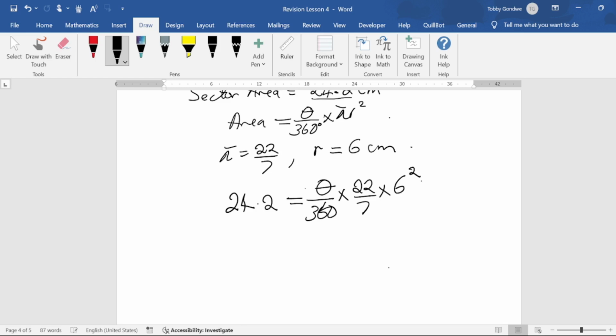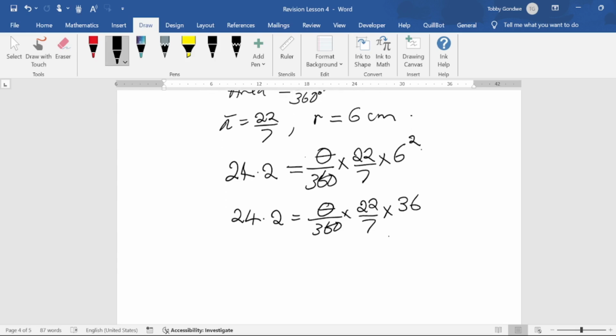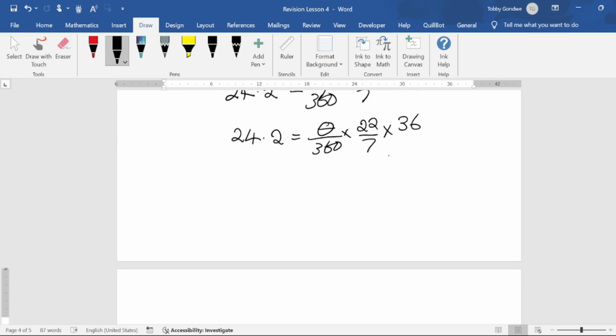And so when we go further, we have theta over 360 multiplied by 22/7 times 6 squared, which gives us 36. To simplify this, 36 into 36 is 1, 36 into 360 is 10.